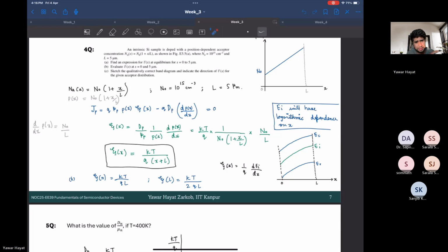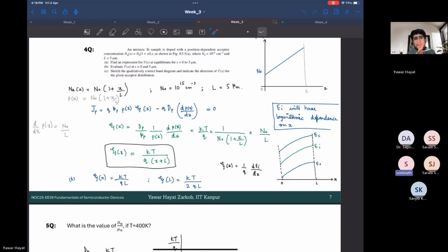The reason is, if I give you the EC profile, you know the band gap. Band gap is a fixed constant, right? So EV has to track it. Band gap cannot change.